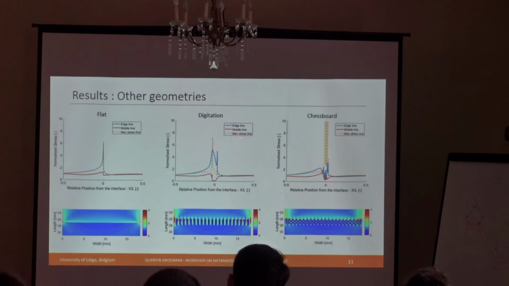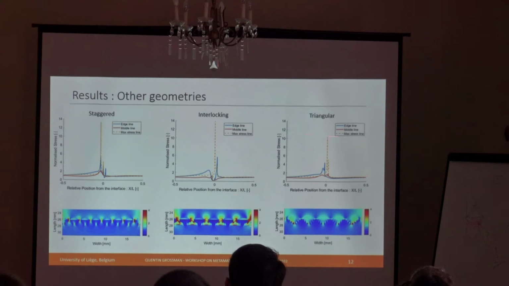And also, all of those maximum stress lines are higher than for the flat one. So there is a higher concentration of stress in those areas. And here I just added the chessboard, and you can see that actually it goes up to a ratio of 14. So it really increases a lot the concentration of stress.